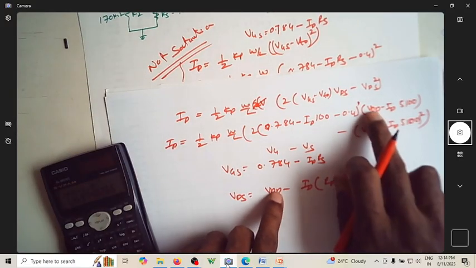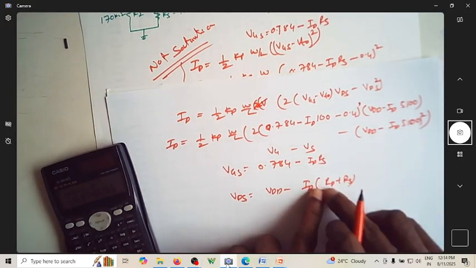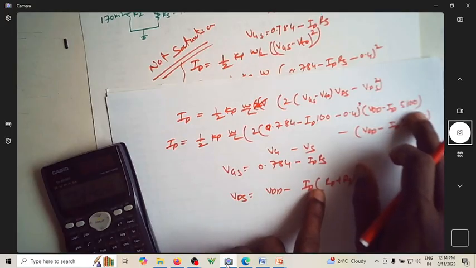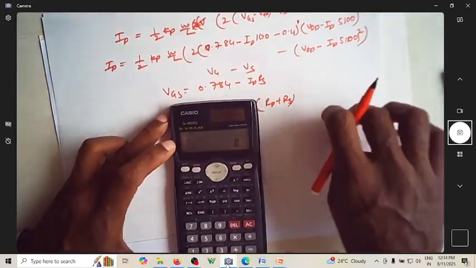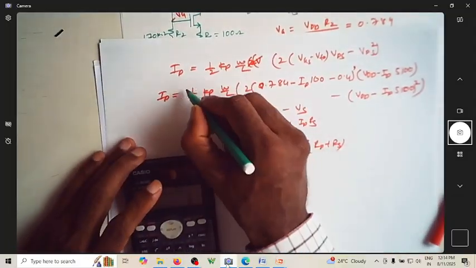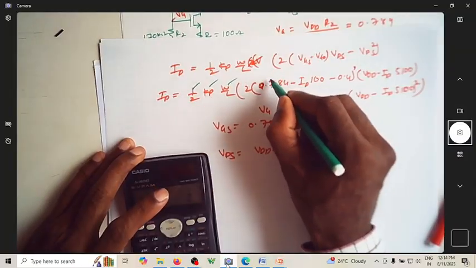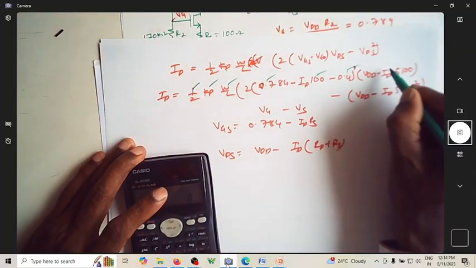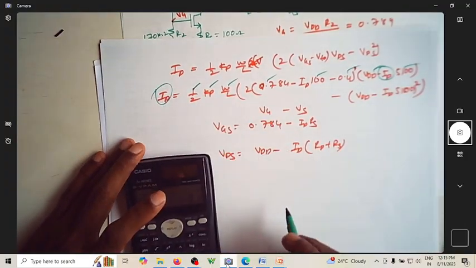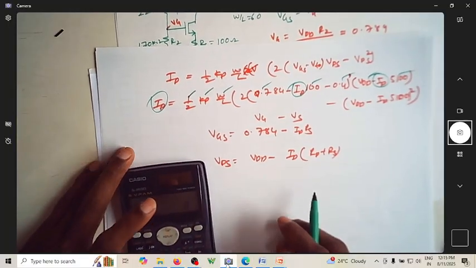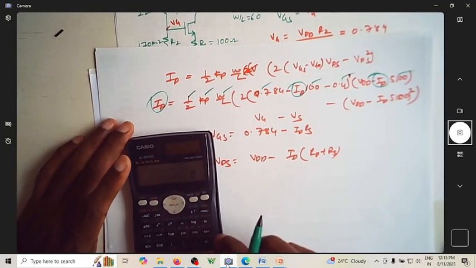RD is 5K and RS is 100 ohm, that's why it is 5100 ohm. So let me solve this. Here you know everything except ID. These are the only IDs which you don't know. So let me solve for that.